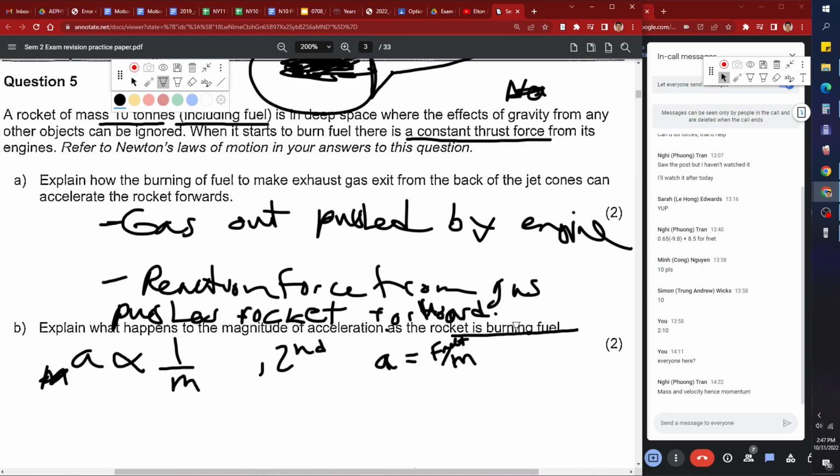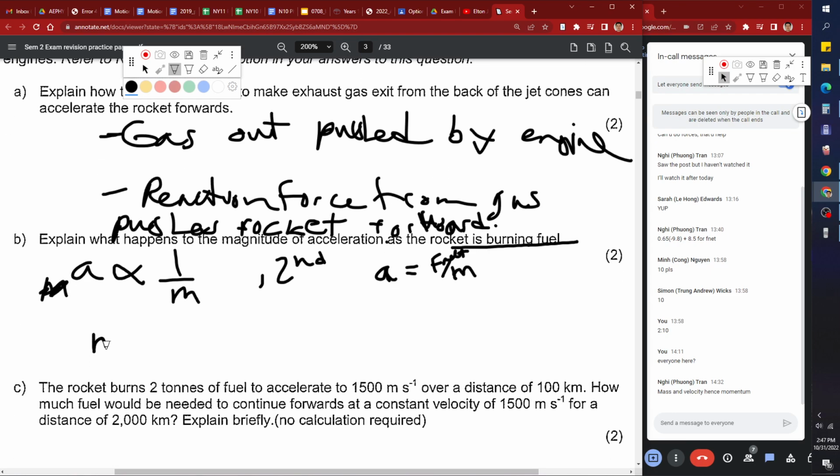And when you're burning fuel, and fuel is part of your mass, what happens to your total mass? Your mass goes down. And if the relationship between acceleration and mass is an inverse relationship, then your acceleration goes up. Because the amount of force from the engine doesn't change, but now it's pushing less mass.